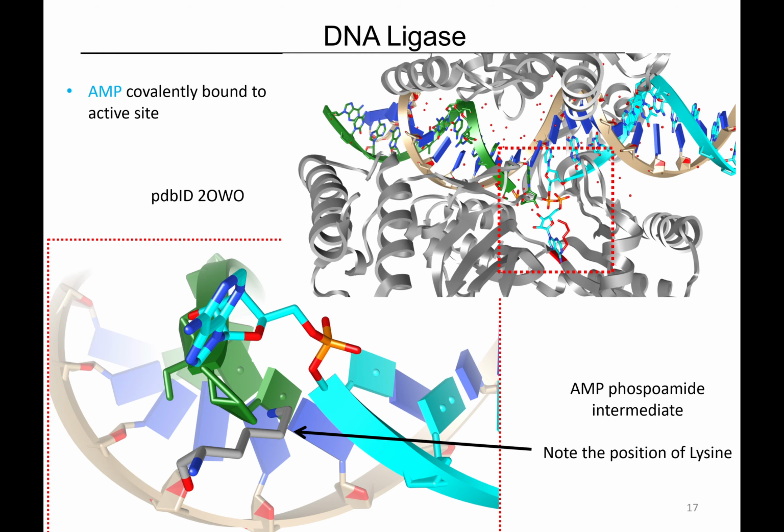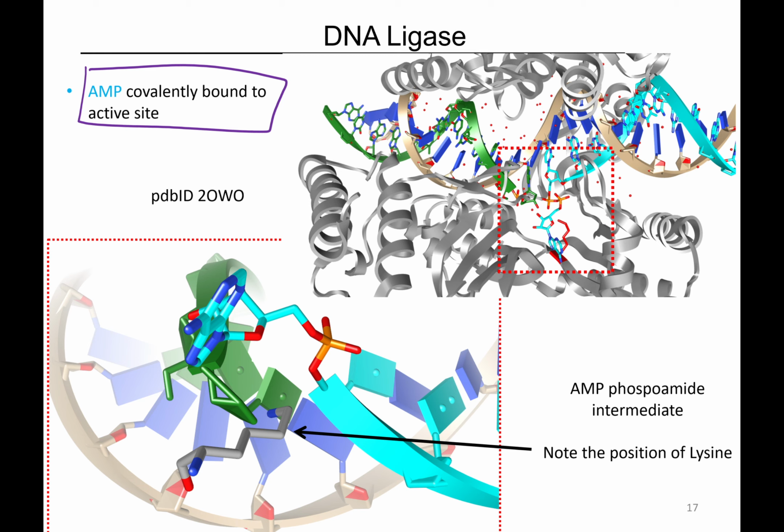We won't look at the structure. So one thing that I do want to note here is that if you look into the active site, what you'll notice is that there's an AMP molecule covalently bound. So what this means is that during this reaction, ATP is hydrolyzed to AMP. Okay, and we release pyrophosphate. Okay, that's going to be an important part of the reaction.